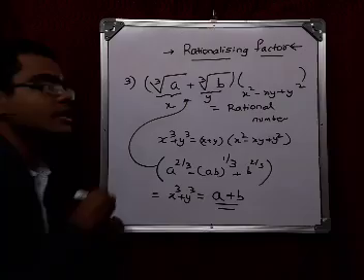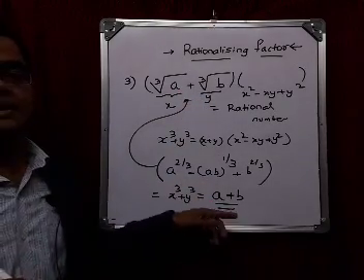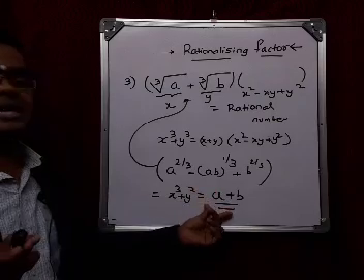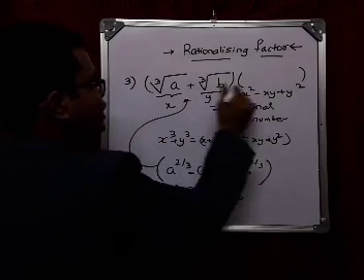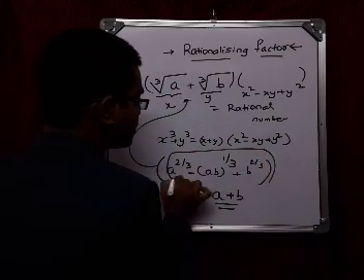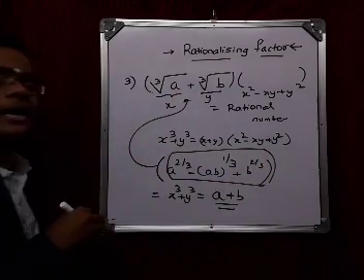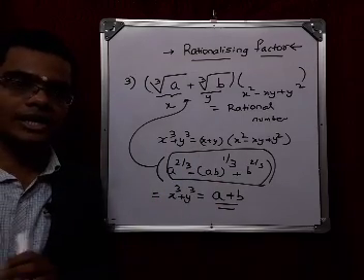If I multiply this surd with this number, I am going to get the answer a plus b, which is a rational number. So the rationalizing factor for a cubic surd of the form cube root a plus cube root b is a power 2 by 3 minus ab power 1 by 3 plus b power 2 by 3. I think this is very clear for all of you.